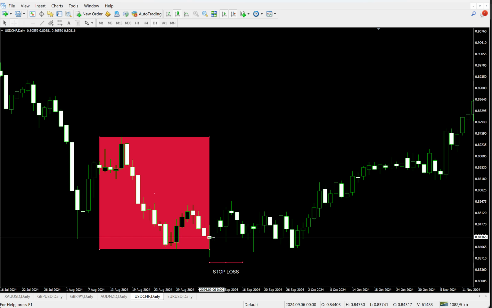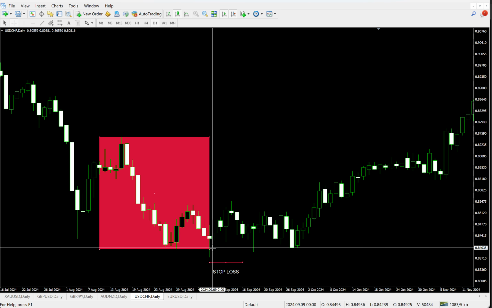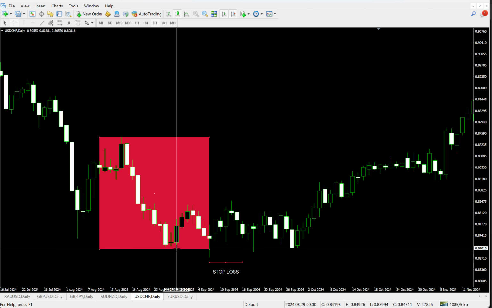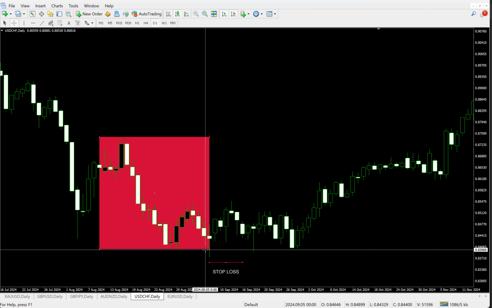As you can see here on this signal candle, the breakout of the daily 20-candle box low happened, and we managed to grab the liquidity here.